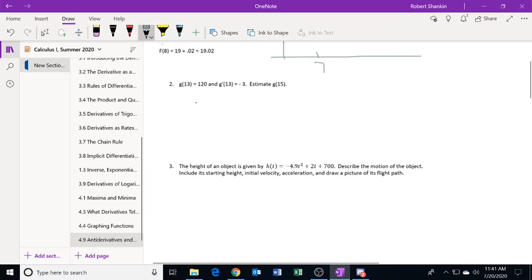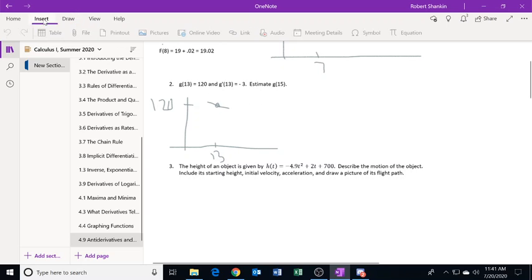All right, so if the input is 13, the output is 120. How is the function running through this point right here? Well, we know it's going in a slightly downward fashion because the slope is negative. And every time this moves 1 to the right, the output falls 3 units.